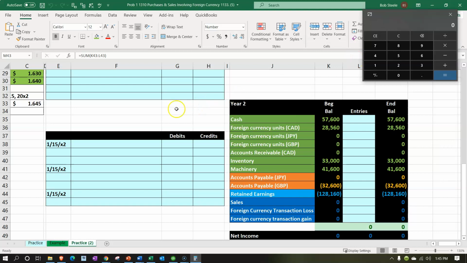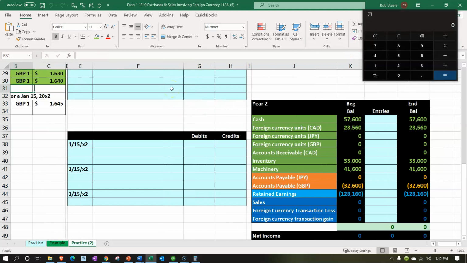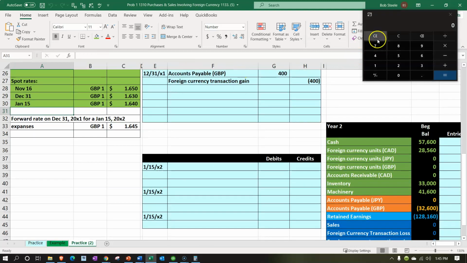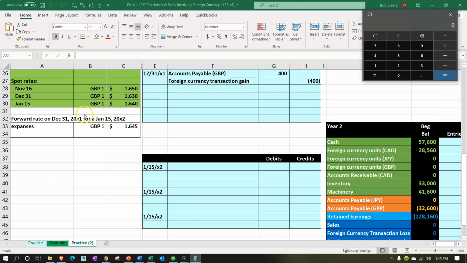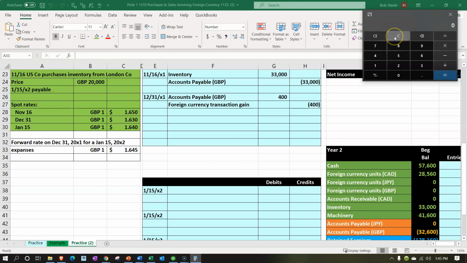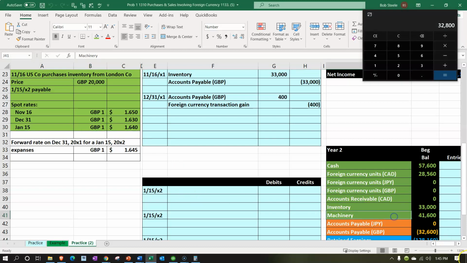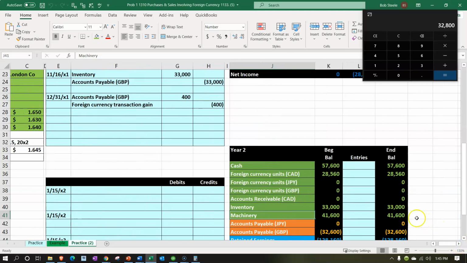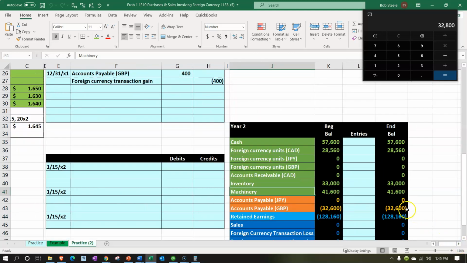Let's pull out the trusty calculator. I'll hit the clear button. We have the 20,000 units that we're going to pay, 20,000 times the current exchange rate, which is 1.64 as of January 15th of the following year. That means this should be 32.8, and it's currently on the books for 32.6.